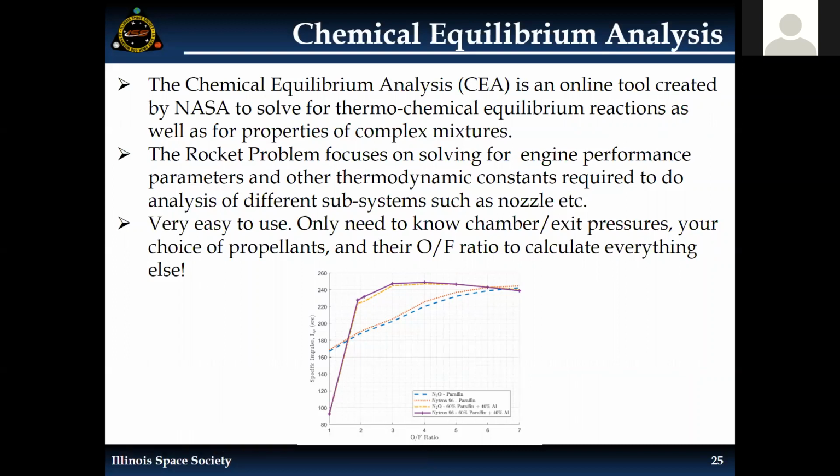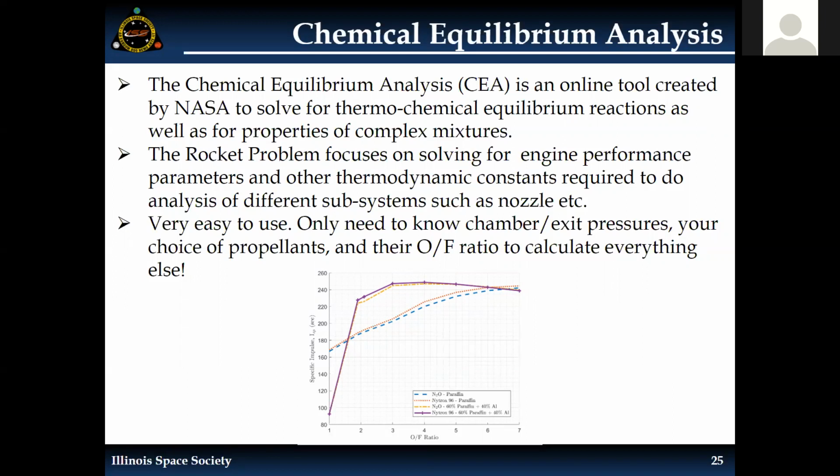The rocket problem specifically focuses on solving for engine performance parameters such as ISP and specific heat ratios involved during the whole process of combustion. It's very easy to use, and the only things we need to know are the chamber pressure and the exit pressure.